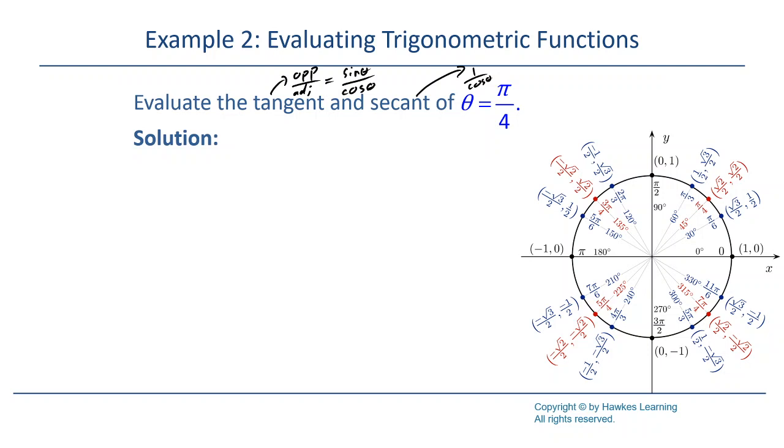So if I want to find the tangent of pi over 4, I just need to go over to here. So here's the pi over 4. And I know then that needs to be equal to sine of pi over 4 divided by cosine of pi over 4.